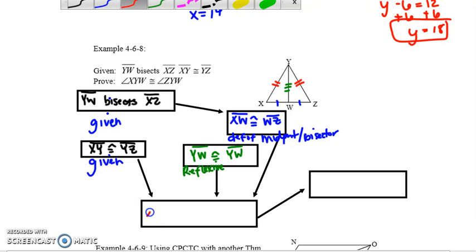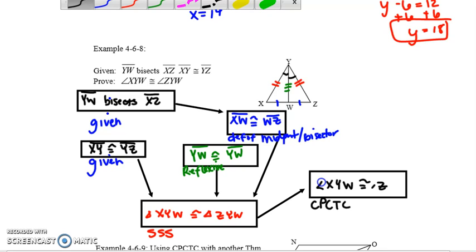So that's going to be triangle XYW congruent to triangle ZYW by side, side, side. And how do we then prove any other parts are congruent that correspond, like XYW and ZYW? Well, by CPCTC, we can prove and get to our last statement there.